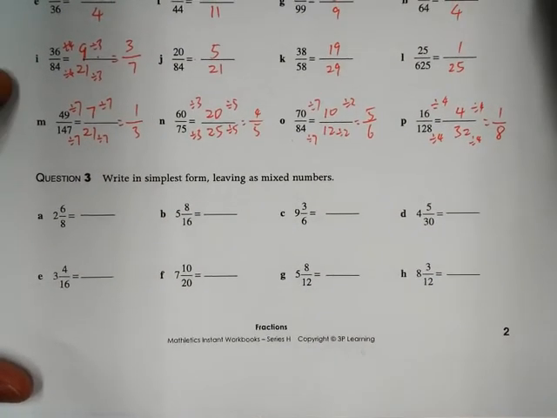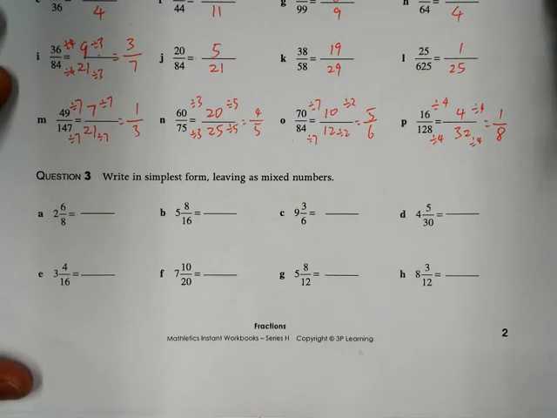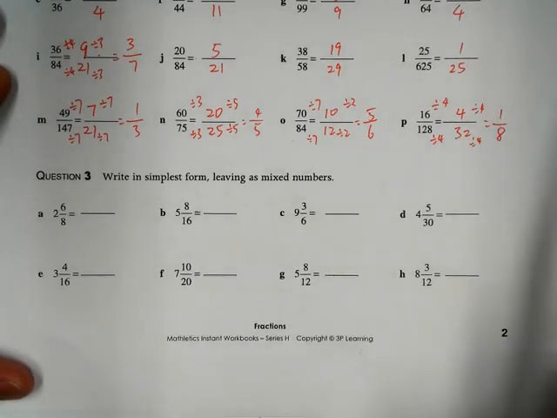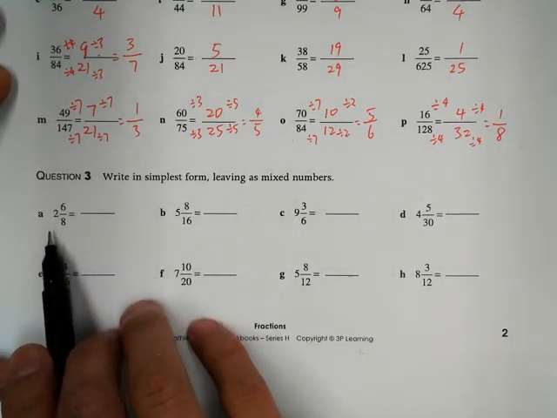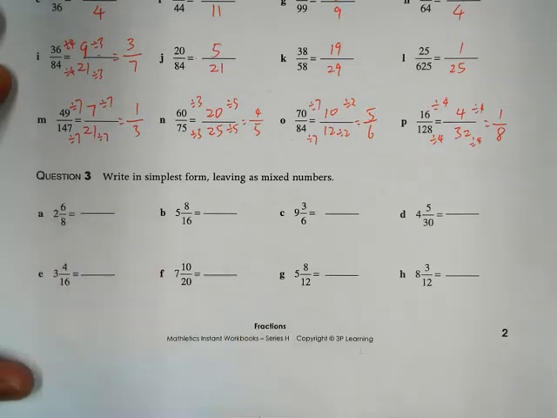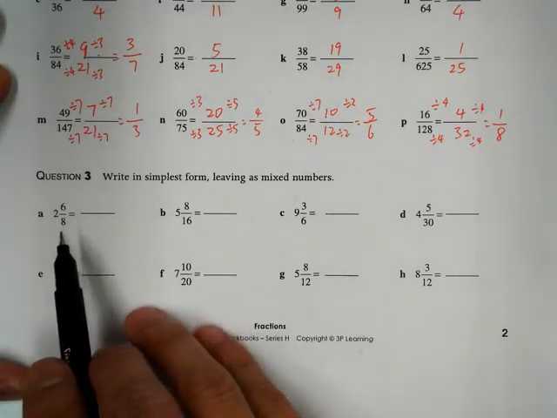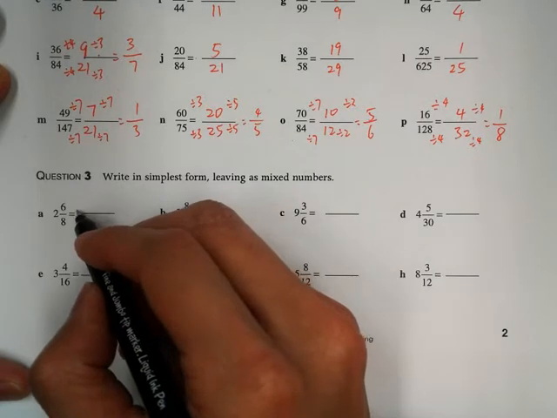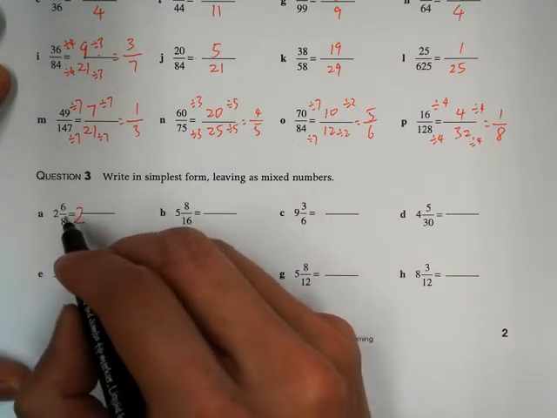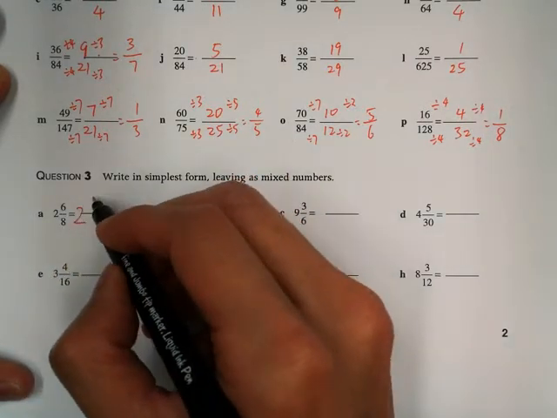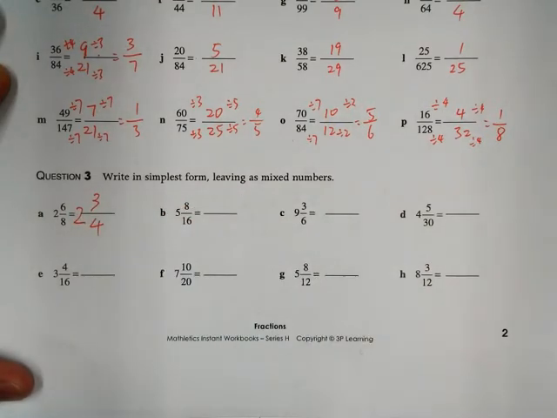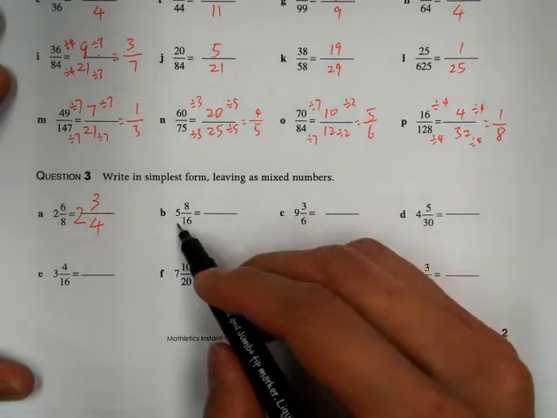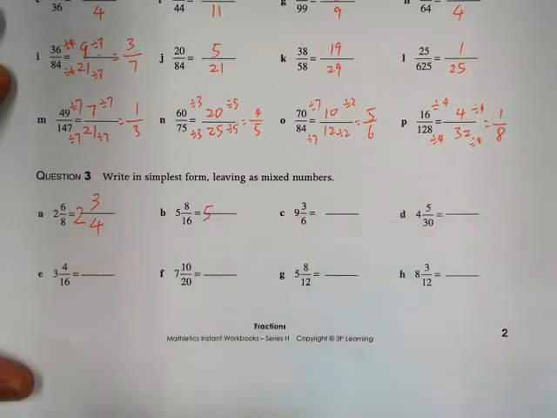Last one is simplifying the mixed number. When we simplify the mixed number, we don't need to worry about the whole part. We just need to take care of the fraction part. So 2 will remain there. 6/8 divided by 2, we have 3/4. For 5, the whole part, we don't need to worry about that.